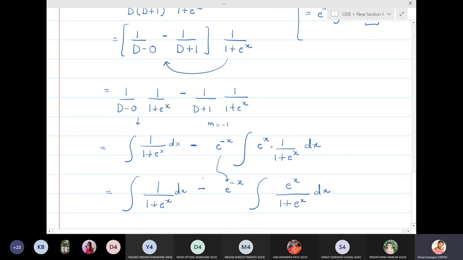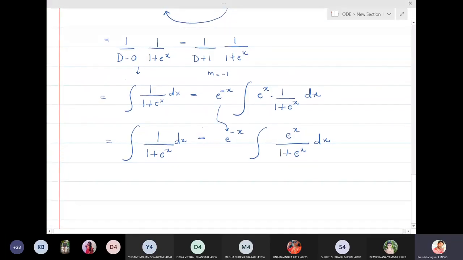Right? So there are various techniques by which you do solve these two integrations. This integration is pretty easy because you can put 1 plus e raised to x. So once these two integrations are solved, my answer is over.